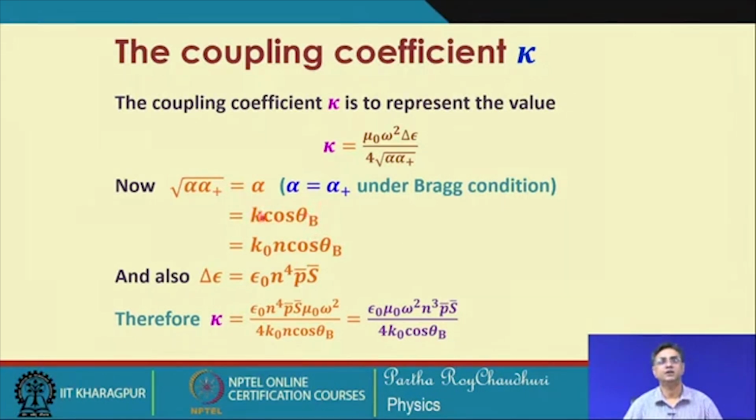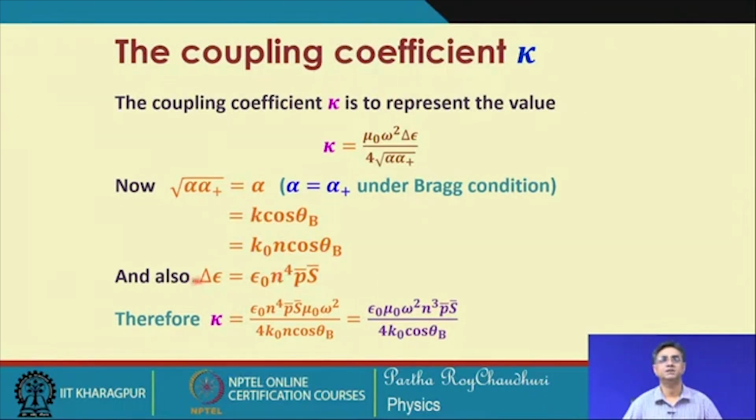Then we recall that the x component of the propagation vector will be given by k cosine beta. This is equal to alpha, and k0 n cosine beta, because k is equal to k0 times n of this medium.